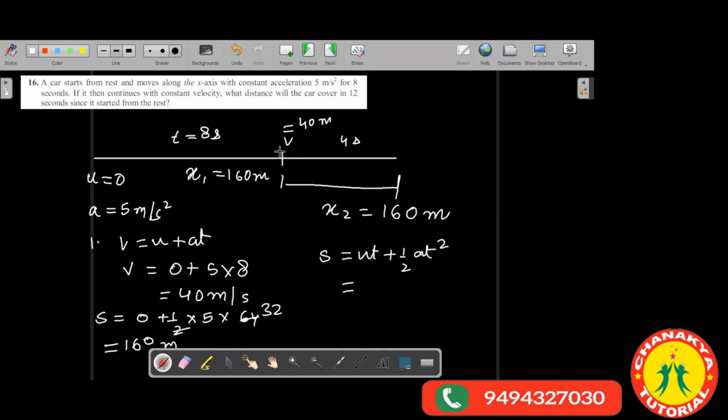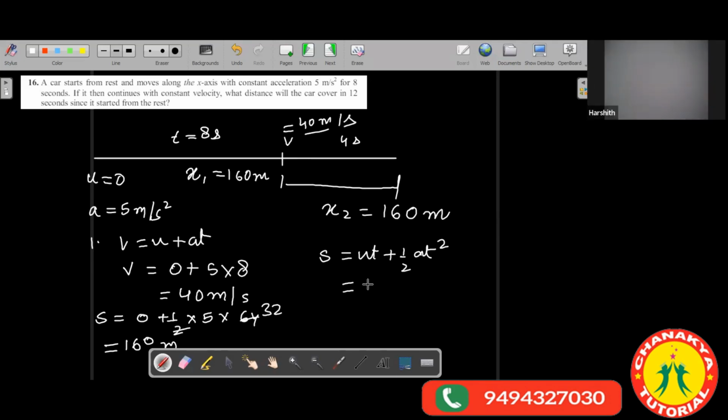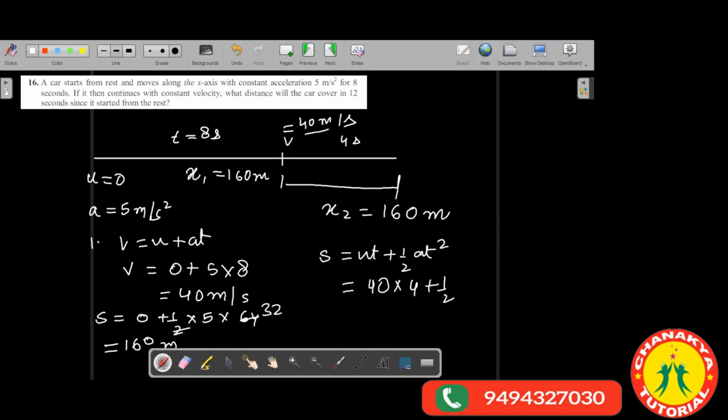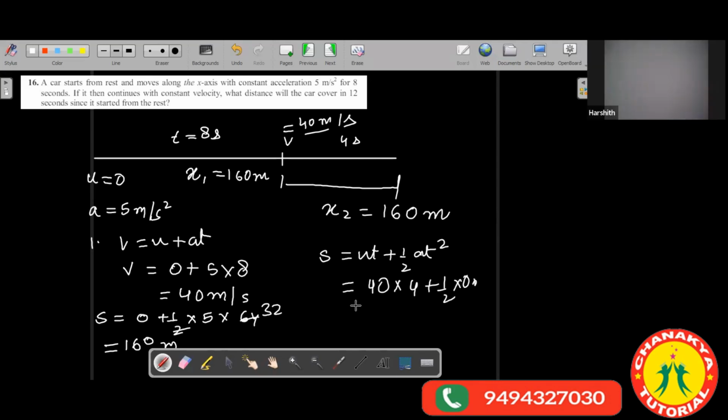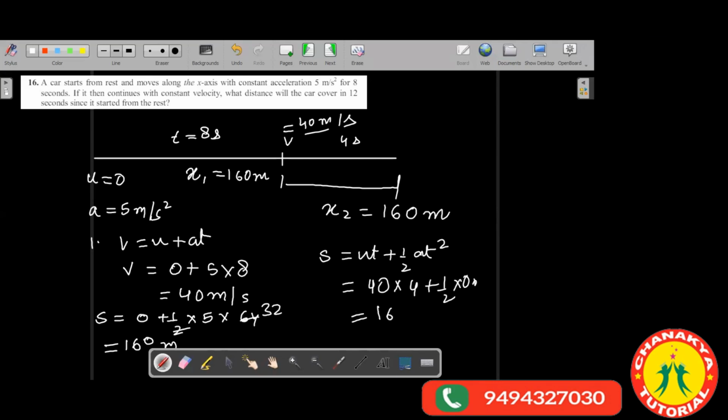For this part, it is moving with the initial velocity of 40 meter per second. Yes, it would be 160 meters only. Yeah, so now it's also 160. 1 by 2 multiply 0 and then t square. So still you are getting 160 meter. So what is the total distance traveled?